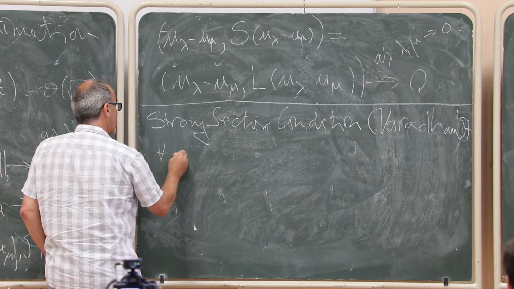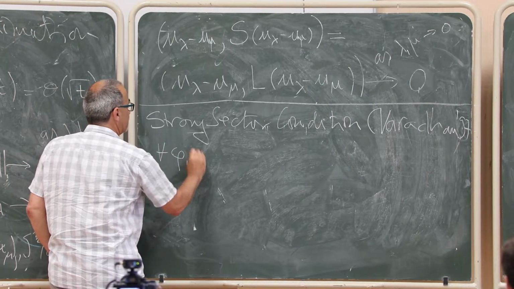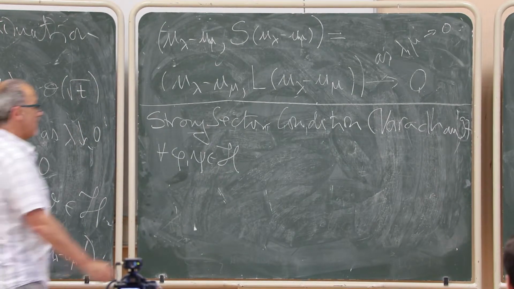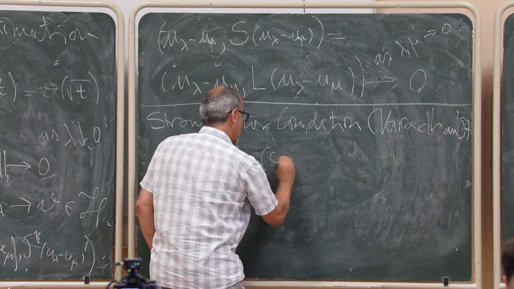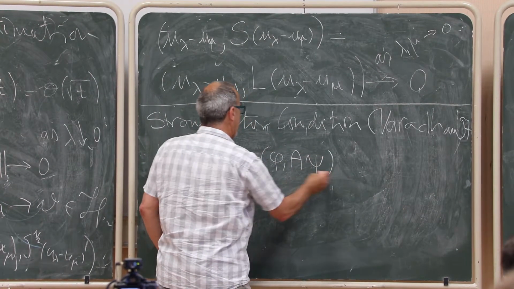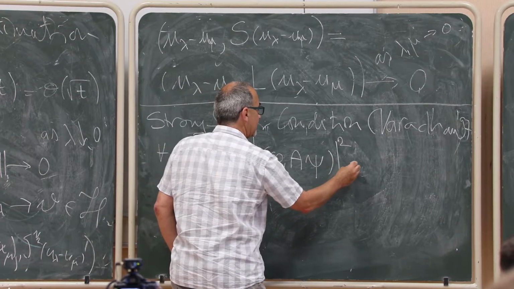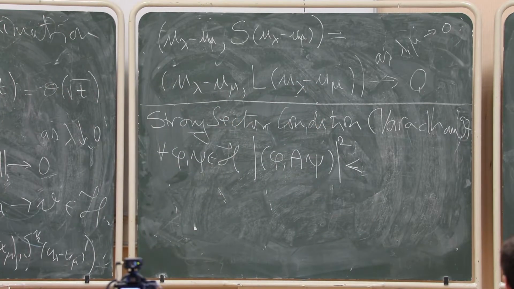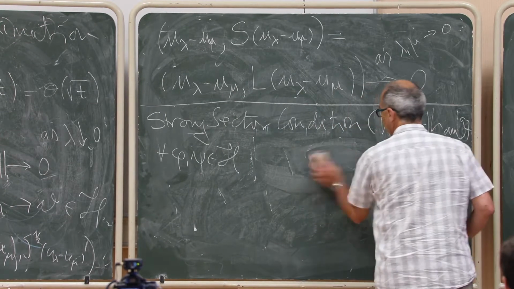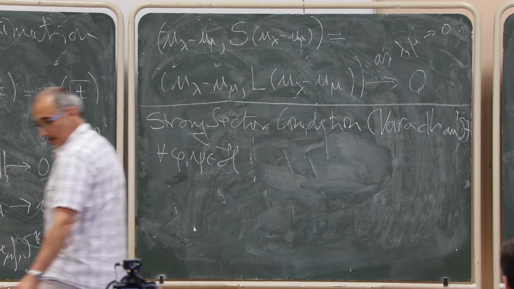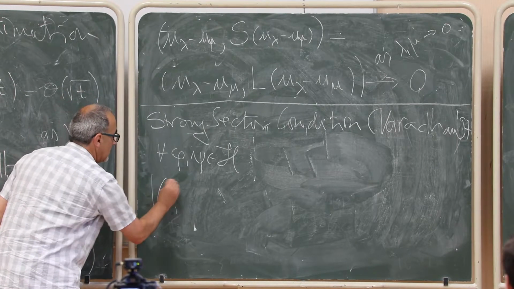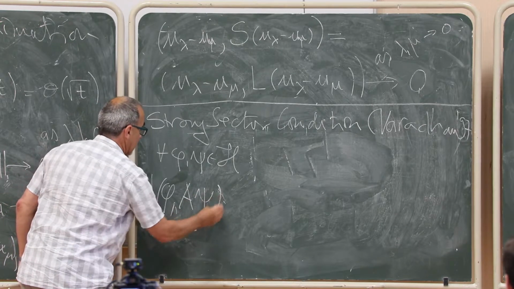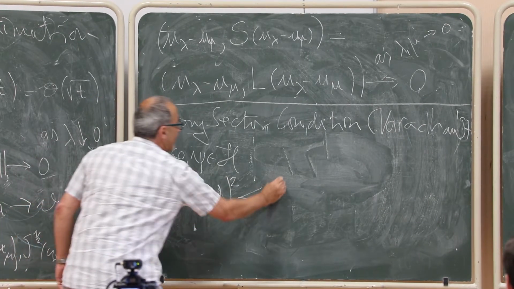that for any phi and psi in the Hilbert space, the quantity phi A psi, squared, be bounded by a constant.